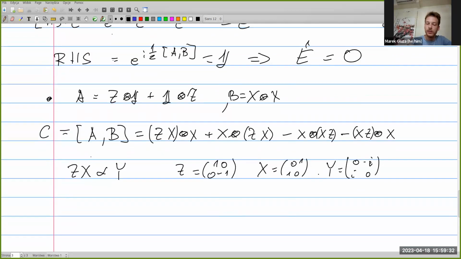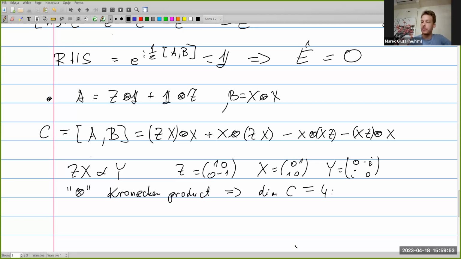So you can work out what's the proportionality constant, that doesn't matter. And this symbol here, there's a very good Wikipedia page, it's the Kronecker product, yeah? Which means that the dimension of C is just a 4x4 matrix, okay? This is not very complicated stuff, I hope. So this is just to have some specific examples, but you see we get a complicated operation here, okay?